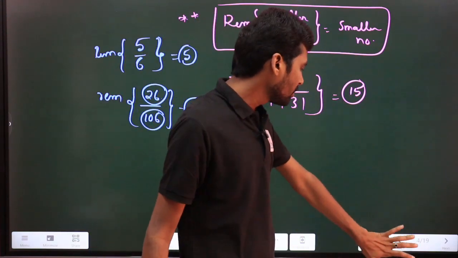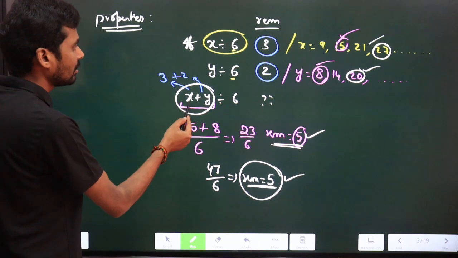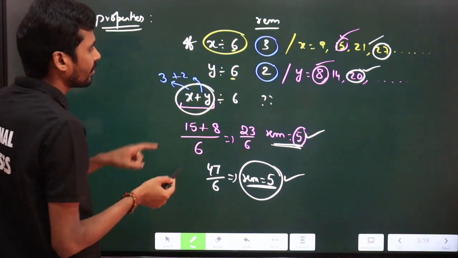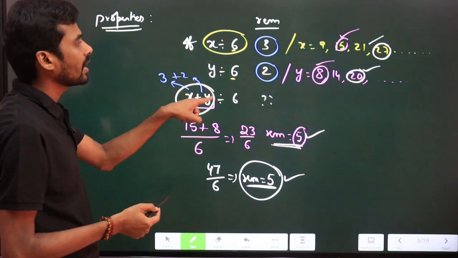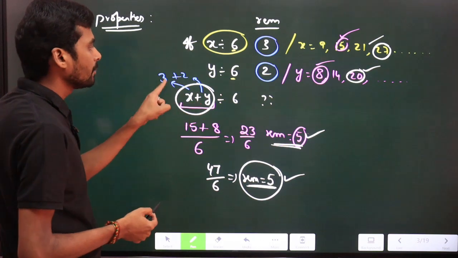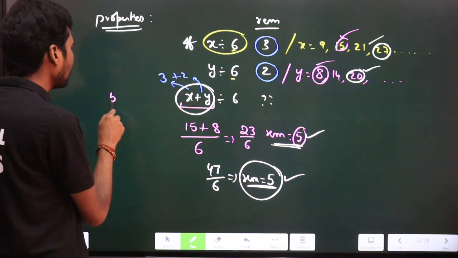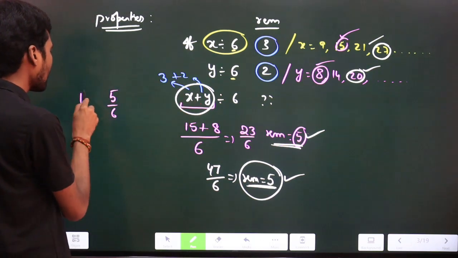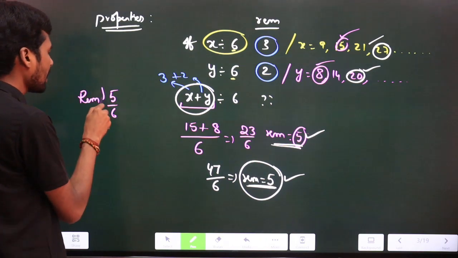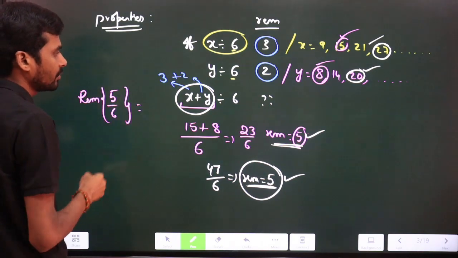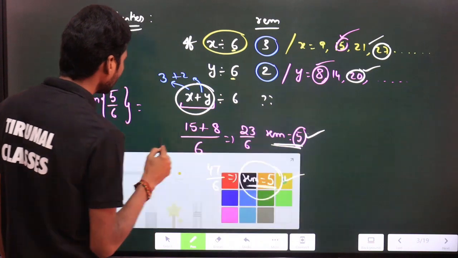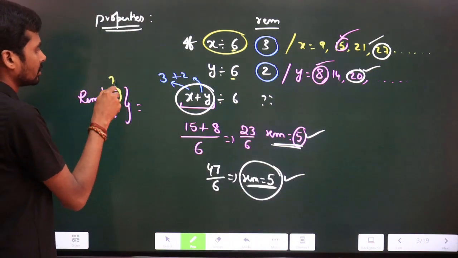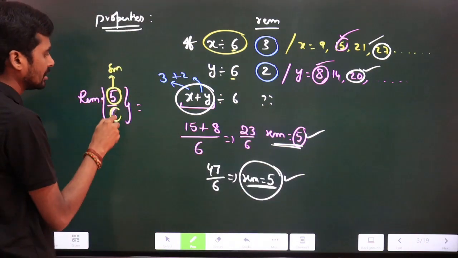Okay, now you come to this one. What is the value I am taking? Instead of x I can take 3, instead of y I can take suppose 2. 3 plus 2 is what? 5. 5 divided by 6. When I am dividing 5 by 6, what is the remainder I'll get? 5 by 6 means the remainder is a smaller number divided by a larger number.